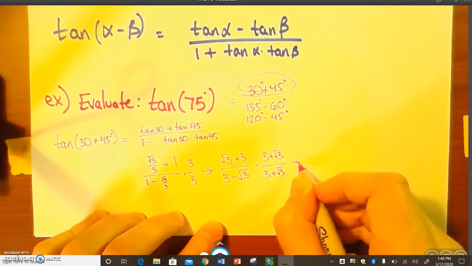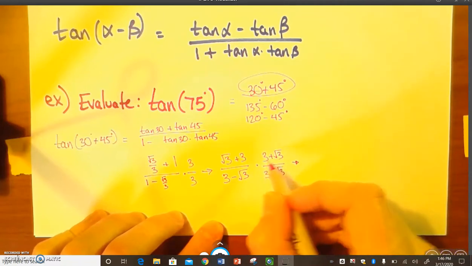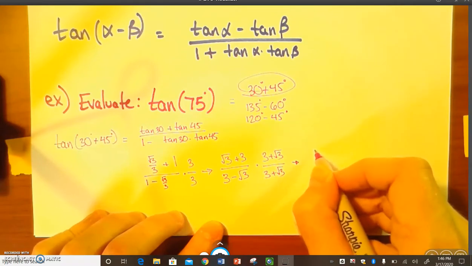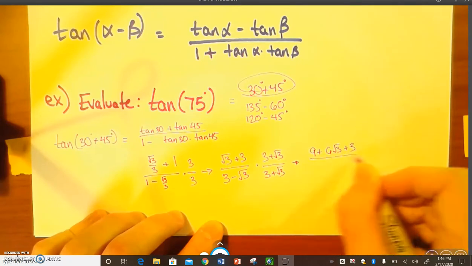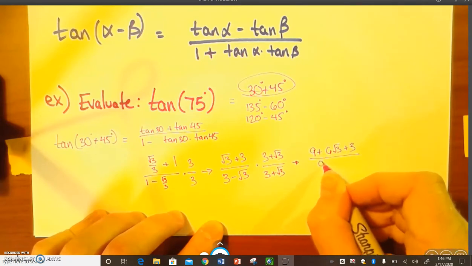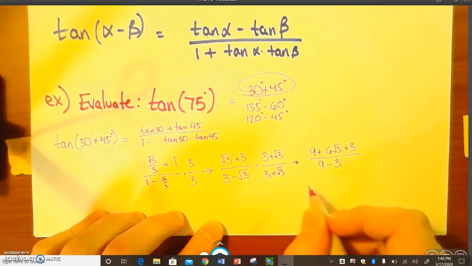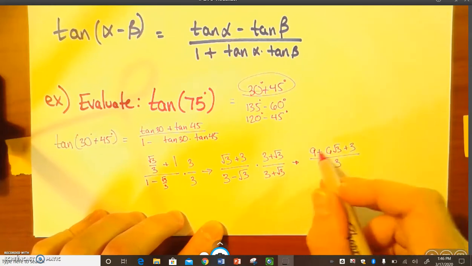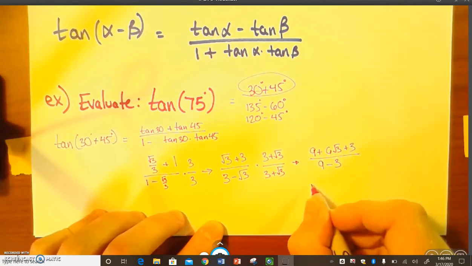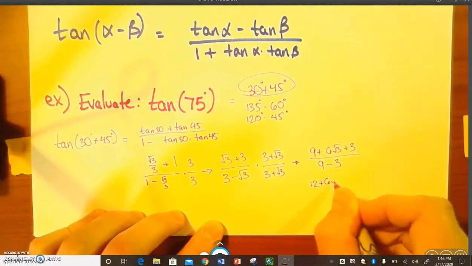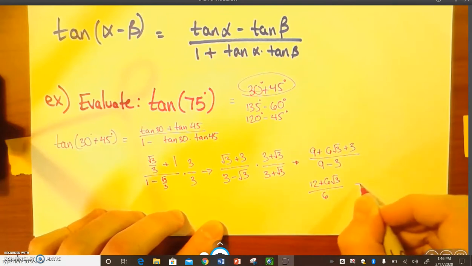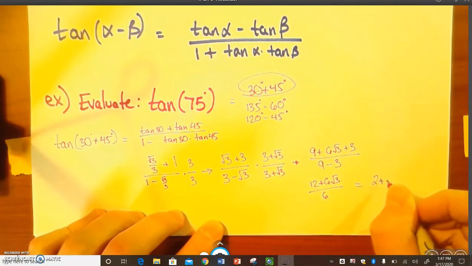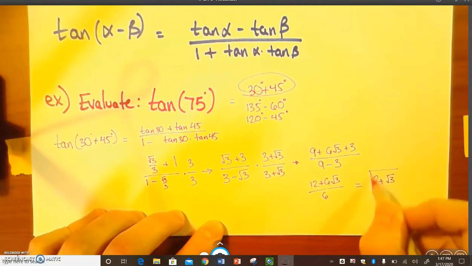So that's going to leave us with, let's see if I can do this mental math here, 9 plus 6 rad 3 plus 3 over 9 minus 3. And then obviously the 9s and the 3s can combine, so we're going to have a 12 plus 6 rad 3 over 6. Everything then can reduce by a factor of 6. And we have a 2 plus rad 3.